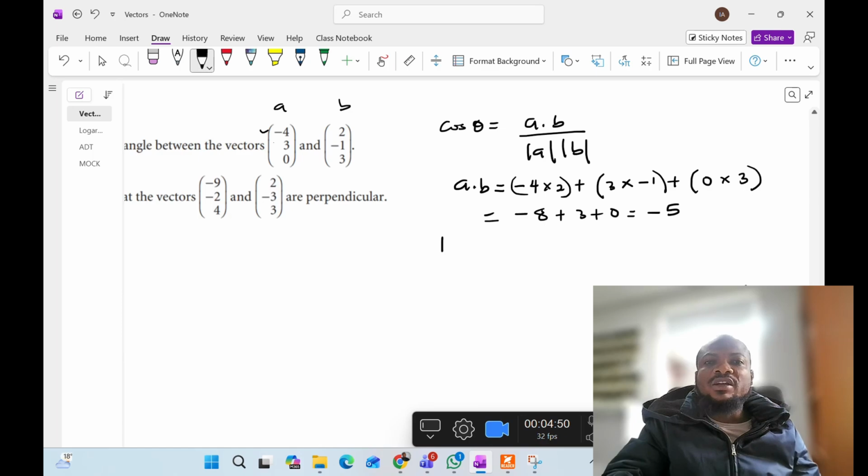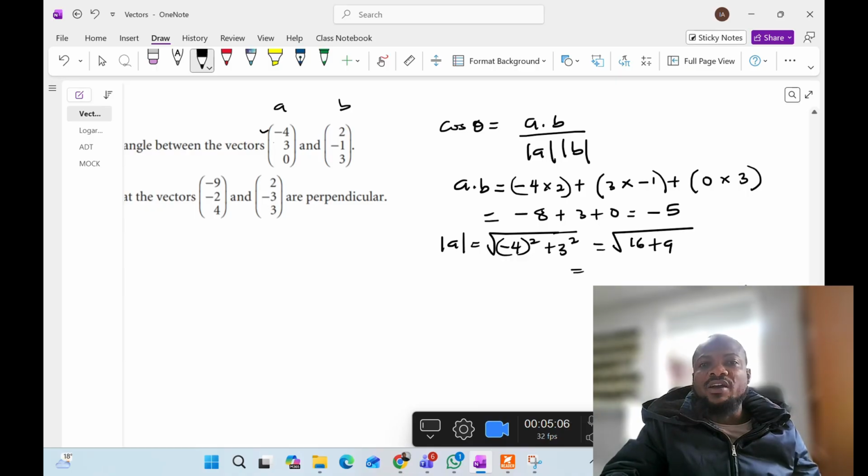Then the next thing is to find the absolute value of A, which is equal to the square root of (-4) squared plus 3 squared plus 0 squared, which is 16 plus 9. That is the square root of 25, which is equal to 5.